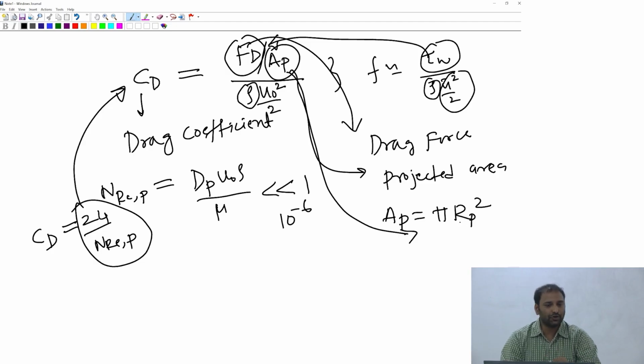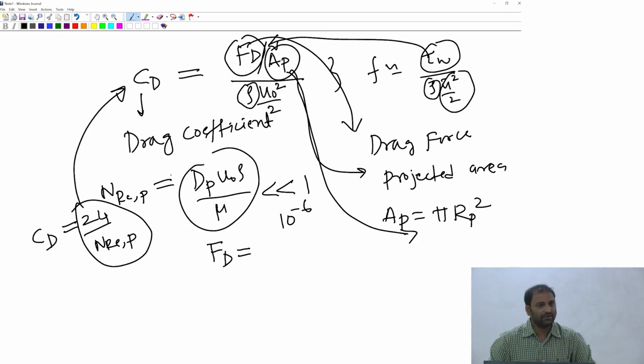If you substitute that, can you just let me know what your FD is? Can you just do this simple math? So you substitute for CD as 24 by Reynolds number, and Reynolds number is given by this, and your AP is pi RP square, or if you want, pi dP square by 4.